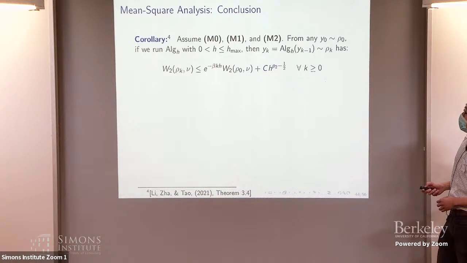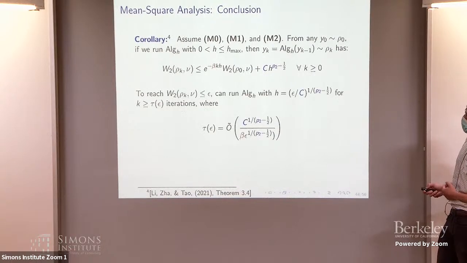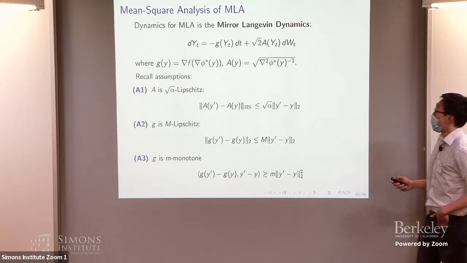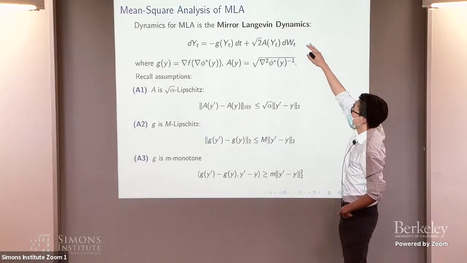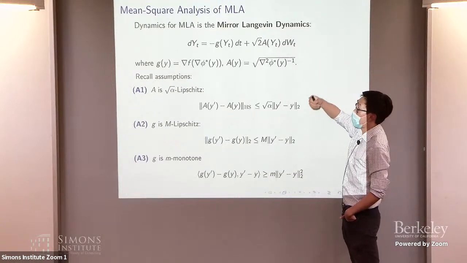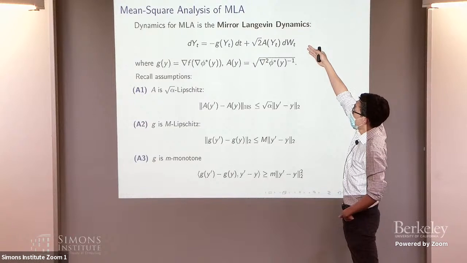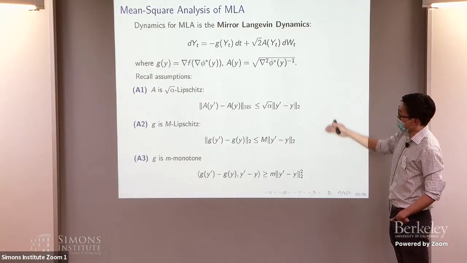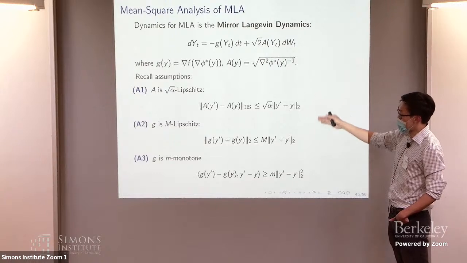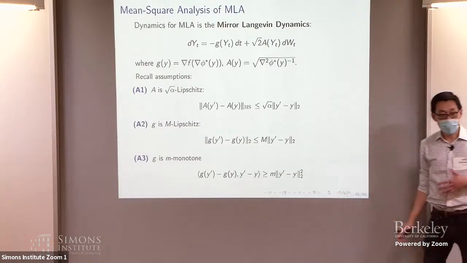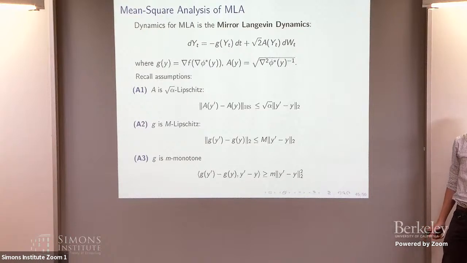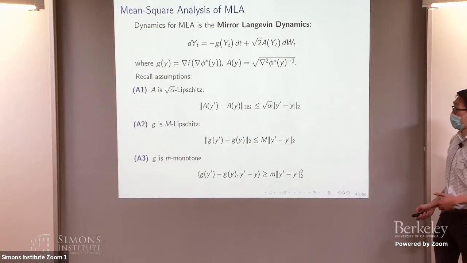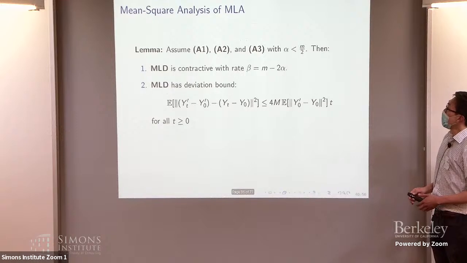But let me show you how we apply this to our algorithm. Remember, in continuous time, the algorithm comes from the mirror Langevin dynamics, and we have the following three assumptions. What we show essentially is that these three assumptions imply that all the assumptions in the mean square analysis framework are satisfied, and then we can conclude the mixing time bound.